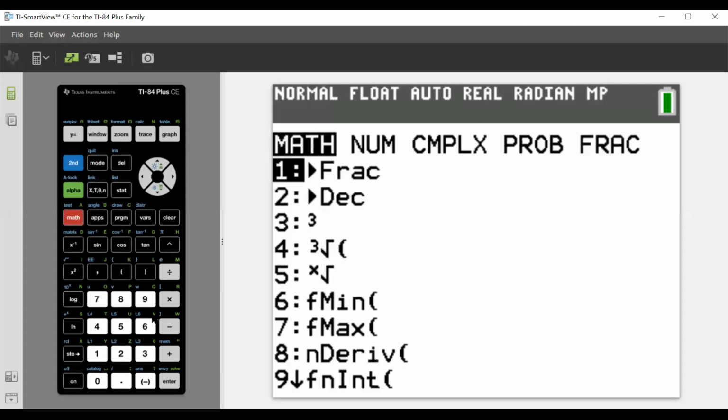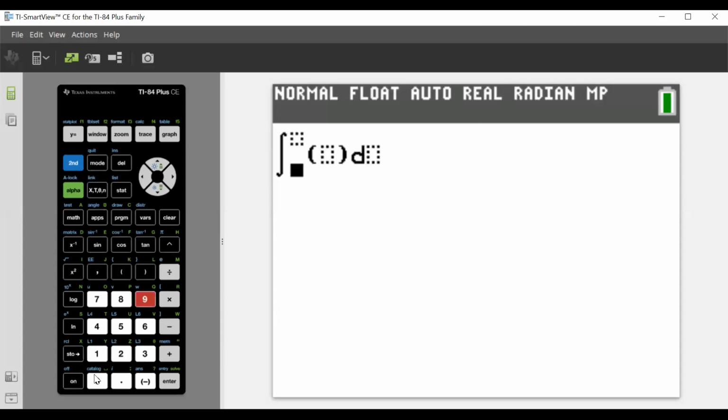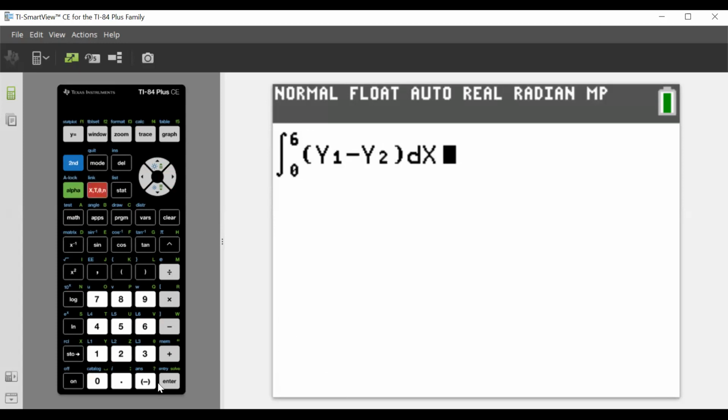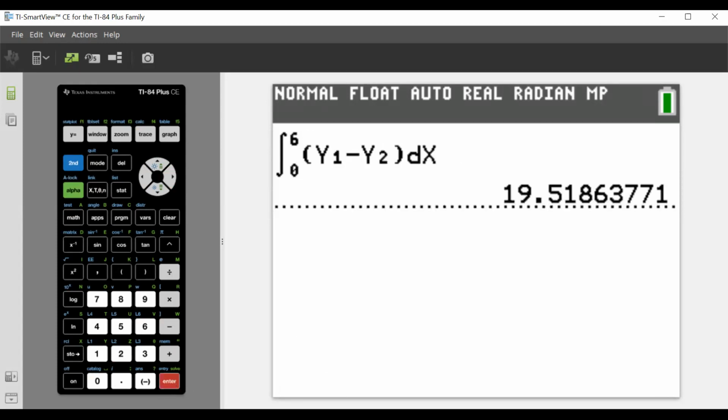So we're going to go math 9, and we're going from 0 to 6, of alpha trace 1 minus alpha trace 2, dx. And so that should give us this area. So 19.519 roughly. Okay, so that's going to be the difference.